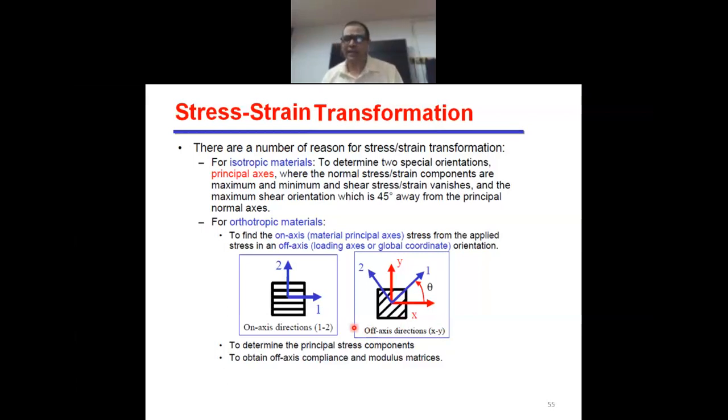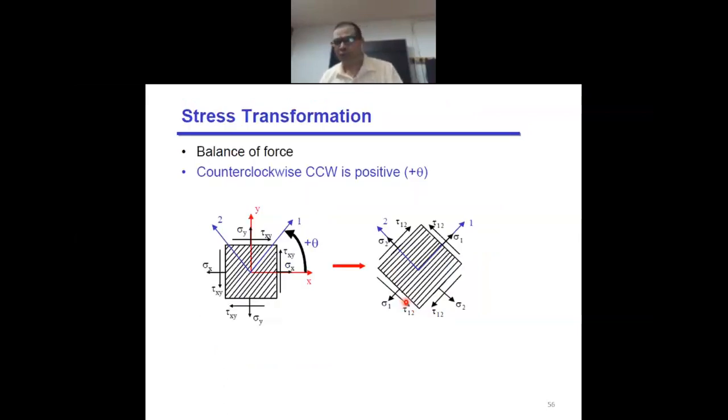If theta is 0, there is no issue. But if theta is not 0, then we have to find the suitable transformation. It is something like the exercise we have undergone in Mohr circle discussions for isotropic materials. It is a similar kind of discussion, where the balance of force, sigma F equal to 0, concept is used.